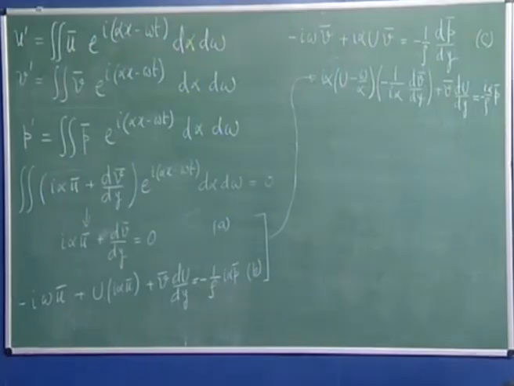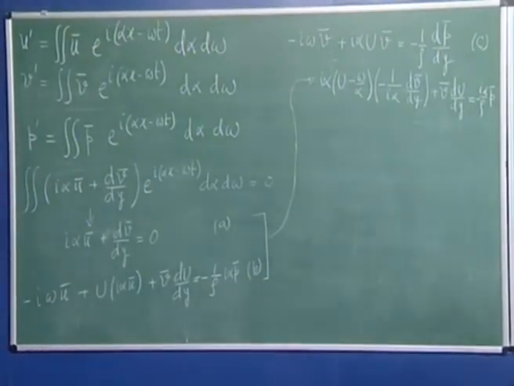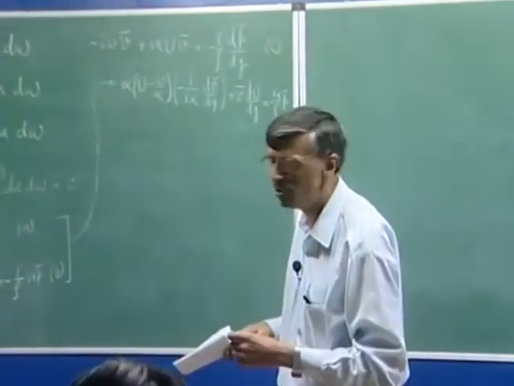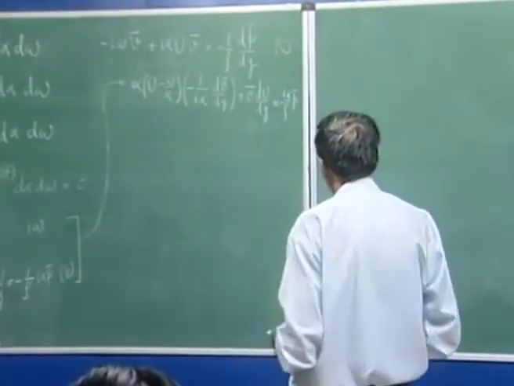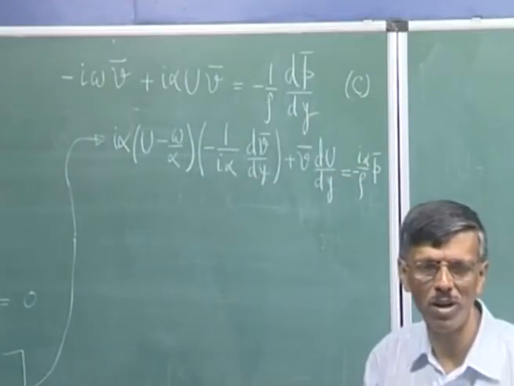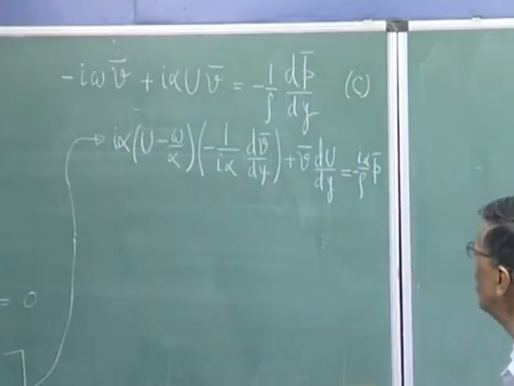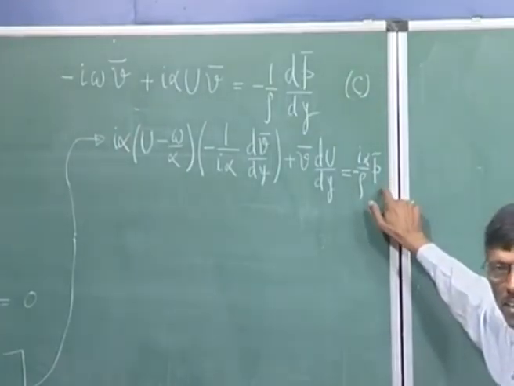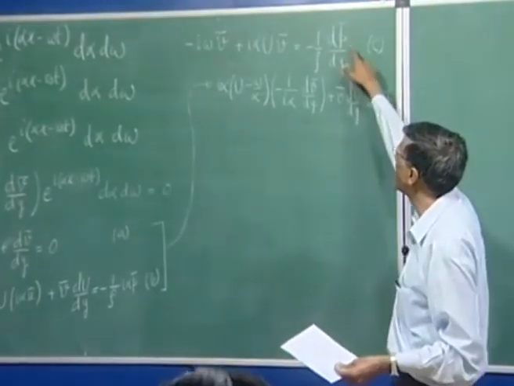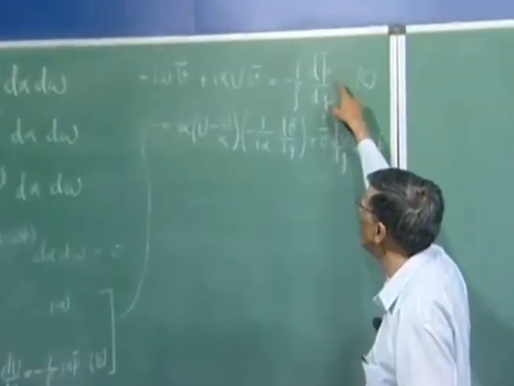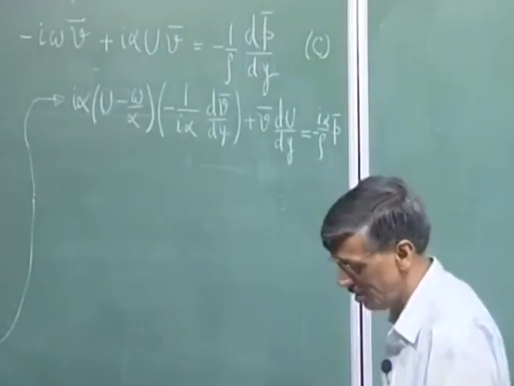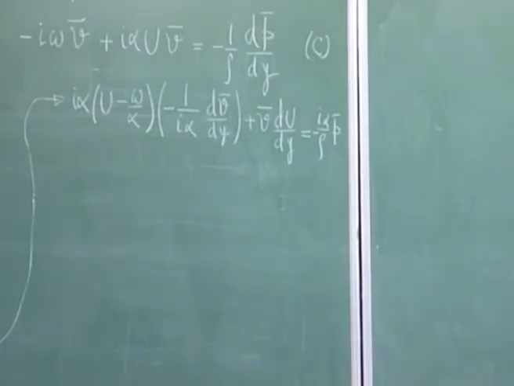So what we have done, in a sense, is eliminated U bar from A and B. Now between these two equations, we can eliminate P bar also. I differentiate this last equation with respect to y, and then I have an expression for dP bar dy in terms of V bar. So we can do that.